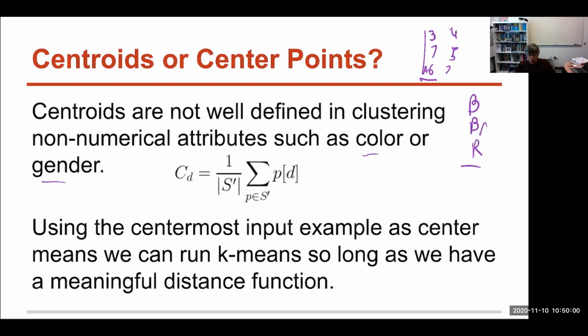But still, so long as we have a distance function between records, where we decide something about what the distance is between a brown hair and a redhead, we can use a K-means approach if we use the centermost example as the median, the centermost example as the center point, rather than the actual centroid.